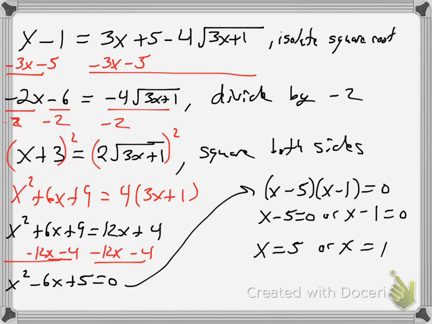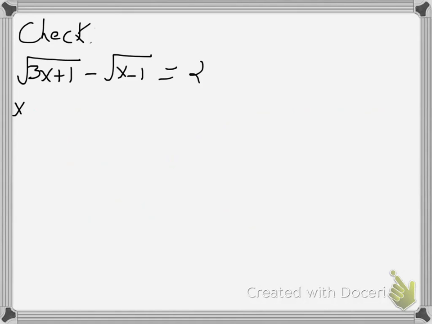Now we did all that hard work, so we hope that both these answers are good. So we're going to remember our answers of 5 and 1, and we're going to go to the last slide here, and we're going to plug them in. So we're going to check our solutions. I'll write down the original equation, and we will plug 5 in.